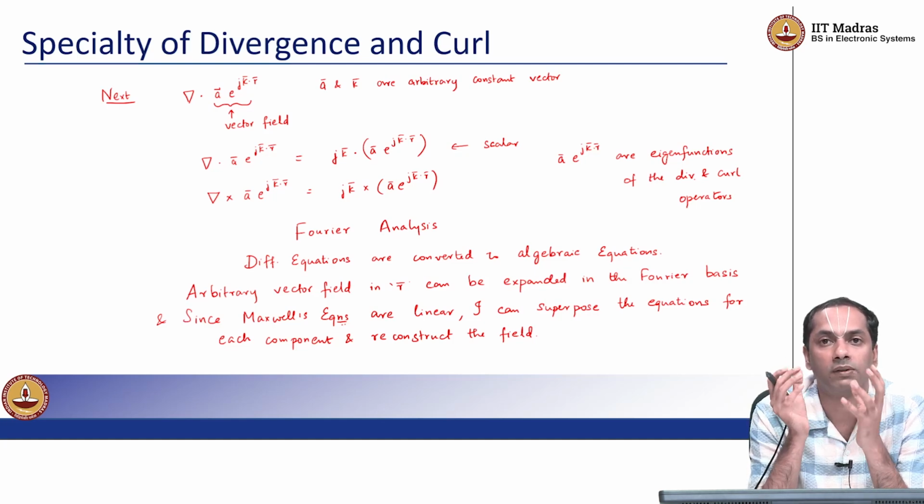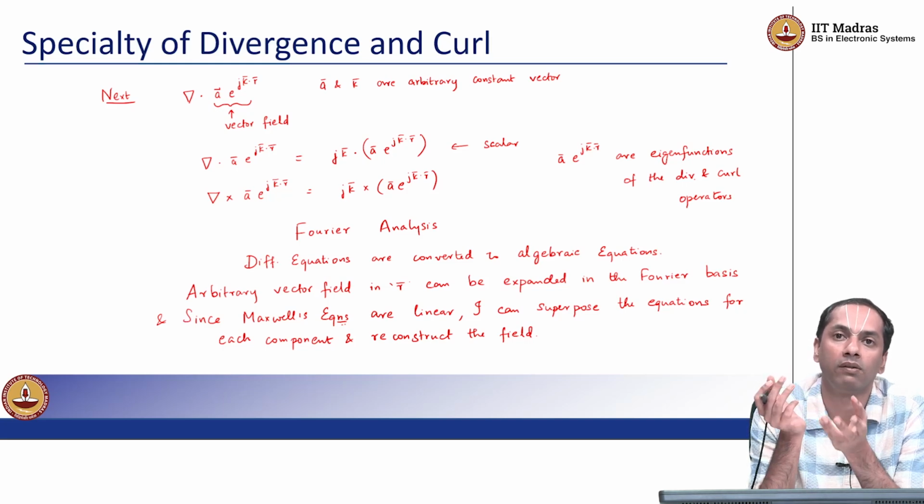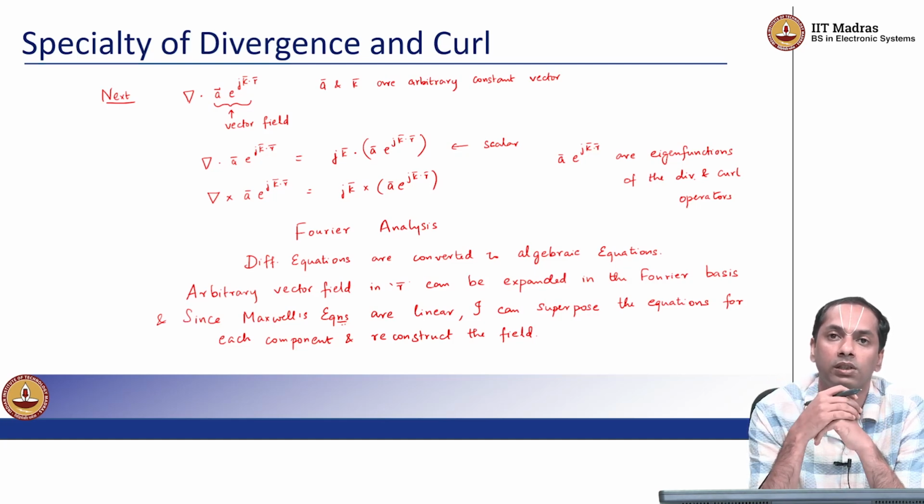So, that the divergences and curl give this special unique property to these Maxwell's equations, and we are also noting that these divergences and curls have very convenient eigenfunctions, right, that I can take an arbitrary vector field and I can decompose it using the Fourier analysis, and I can use the Maxwell's equations sequentially on each of these components, right, and then do a linear sum, right, to extract the entire field.